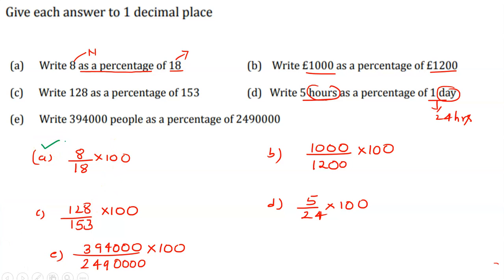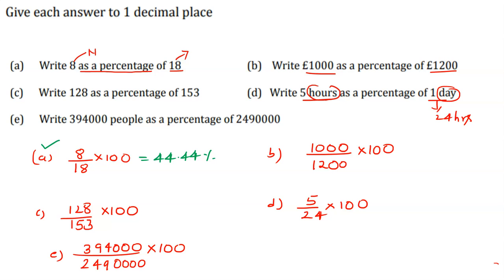Like it is 8 divided by 18 times 100. So what should your answer be now? If you see, it comes to 44.44%. So you can write down 44.44%. If you go for the B part, it is 1000 divided by 1200 times 100.